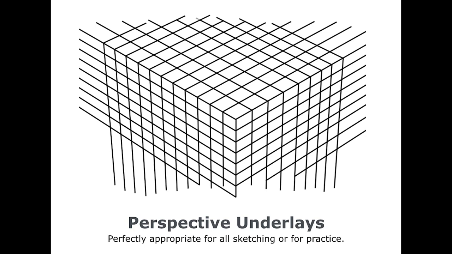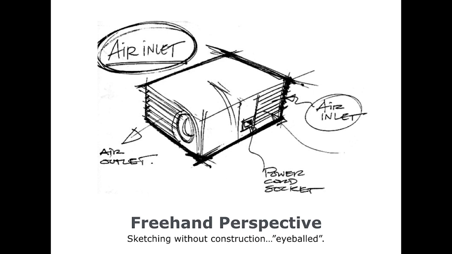Again, underlays are quite appropriate to use any time for creating accurate perspective sketches or for sketching practice. Eventually, with plenty of practice and using construction and underlays, perspective or pictorial sketching can be done without construction. The sketches are essentially eyeballed.